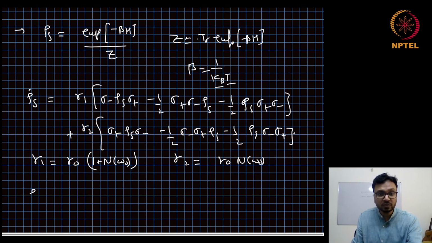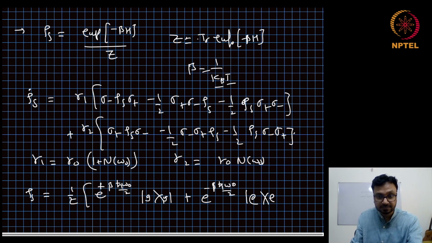Now we see that ρ_s is e^(-βH)/Z, so that is 1 over Z times e^(-βħω0/2) for the ground state plus e^(βħω0/2) for the excited state.